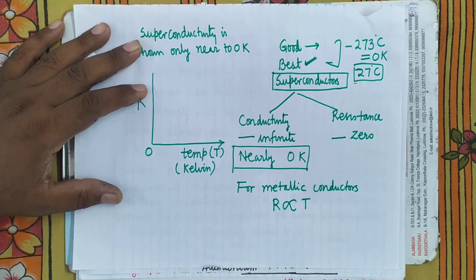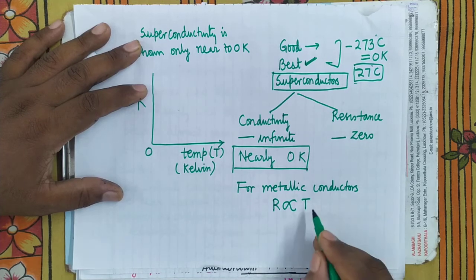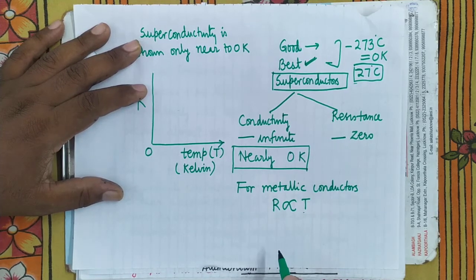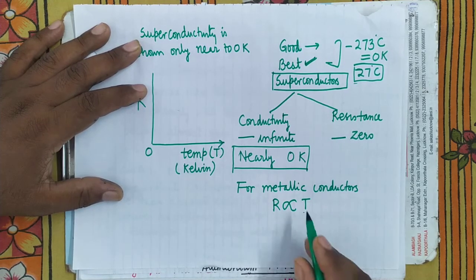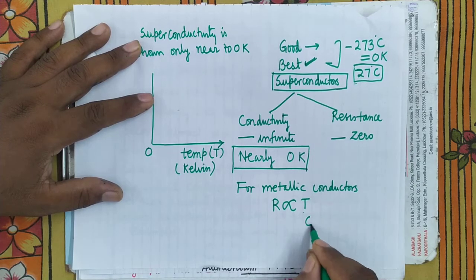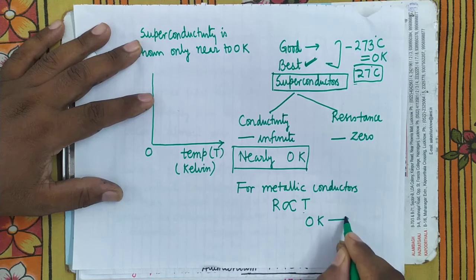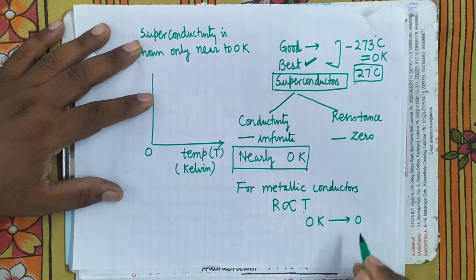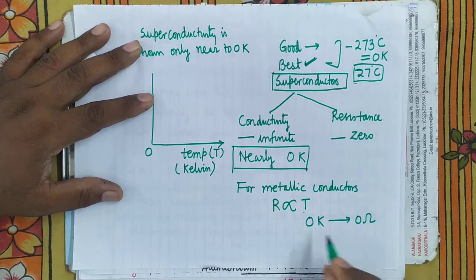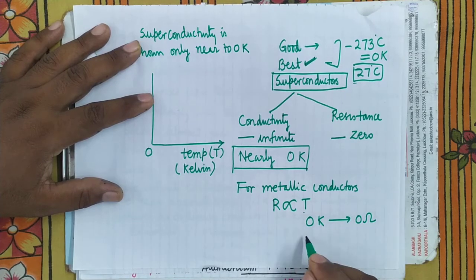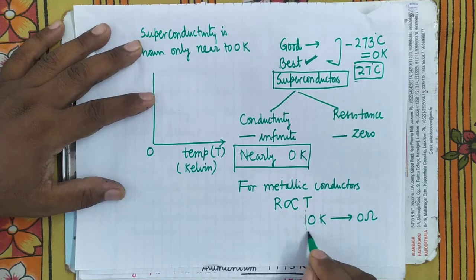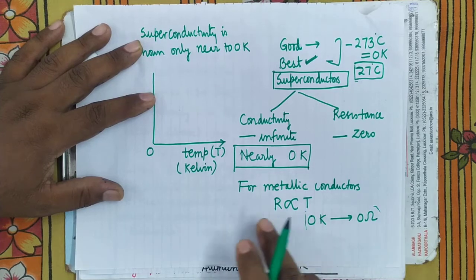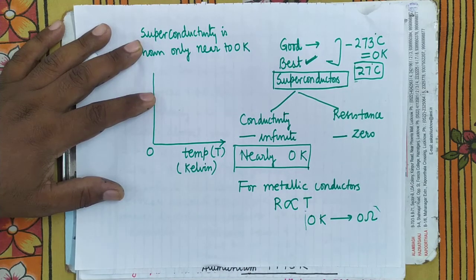Resistance directly proportional to absolute temperature means on increasing temperature resistance will increase, on decreasing the temperature it will decrease. It's clear. Means at 0 Kelvin it should become 0 ohm, but it is only theoretical, according to the theoretical rule.